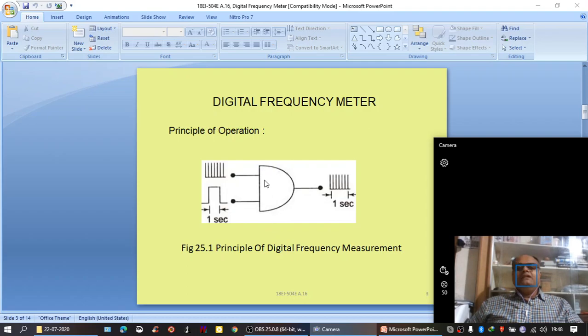Here, an AND gate is used to which one of the input is a gating pulse having a duration of 1 second.